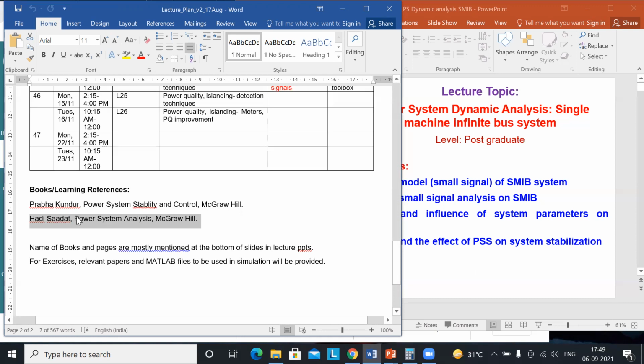Once you have read it, you can start with the Kundur book. Again, this book by Hadi Saadat also has some examples using MATLAB. Once you know MATLAB and how to solve numerical problems in it, this could be a good starting point.